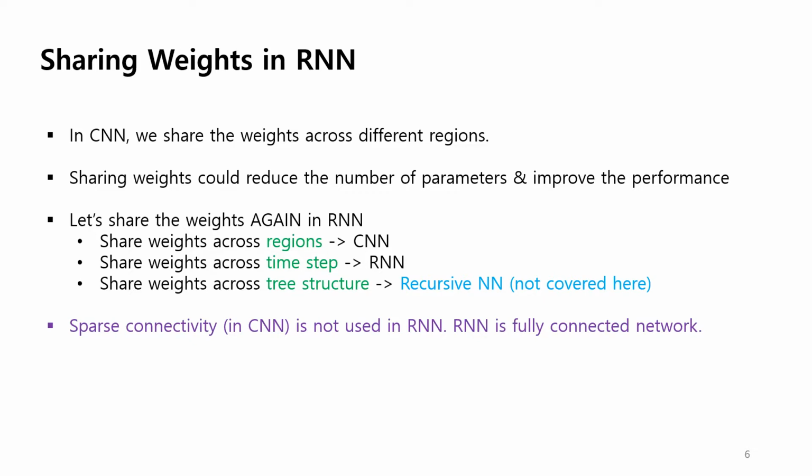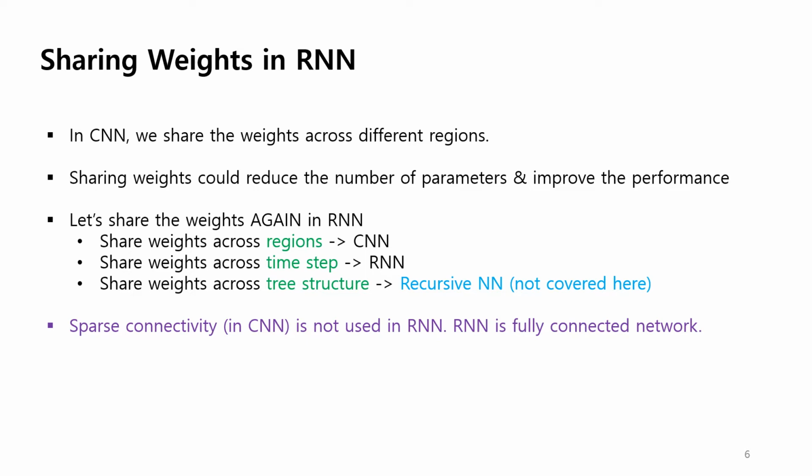In CNN, it uses weight sharing. And because of weight sharing, it can significantly reduce the number of parameters in the network and improve the performance. It's the same story in RNN as well.